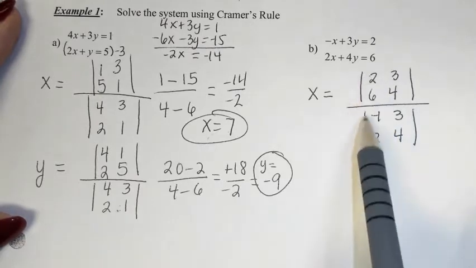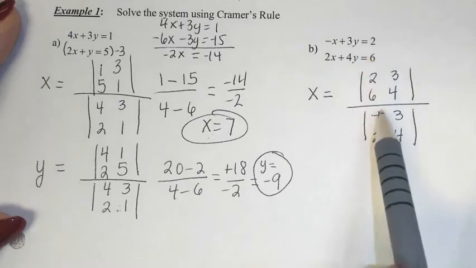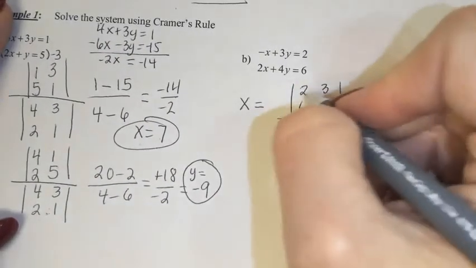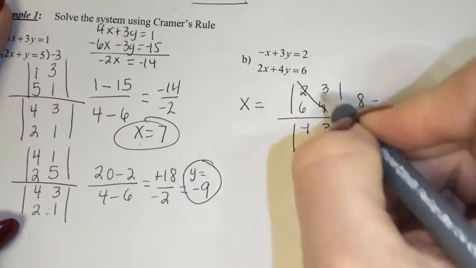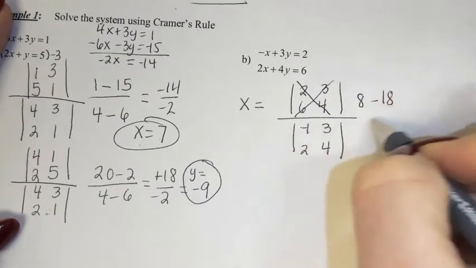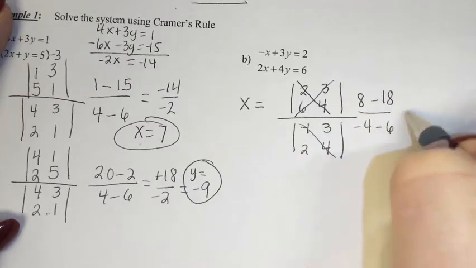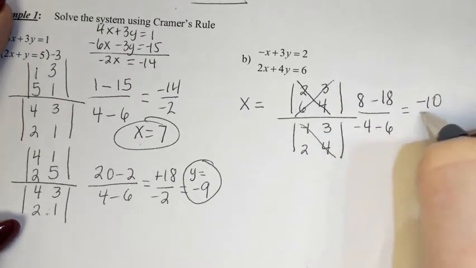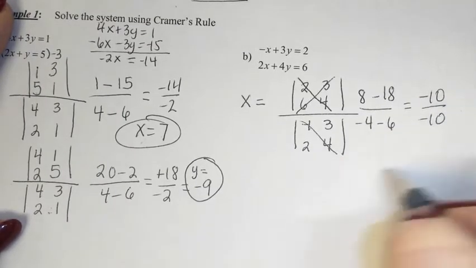See how the y's stay the same, but the x's got replaced with those constants. Okay, so now to find this determinant, we're going to do our diagonals. 8 minus 18 over -4 minus 6. That's going to give us -10 over -10, and that's going to give us an x value of 1.